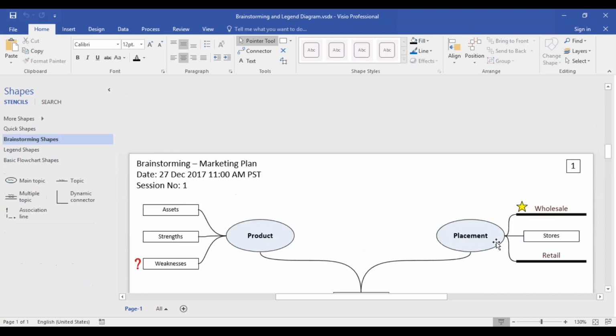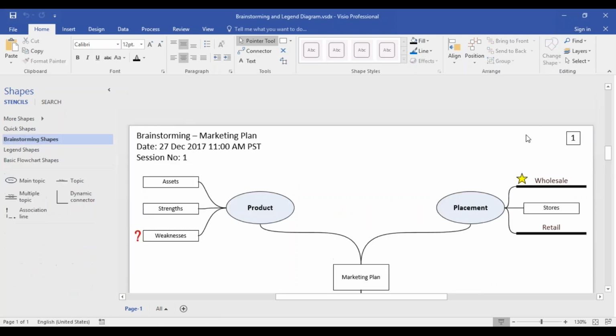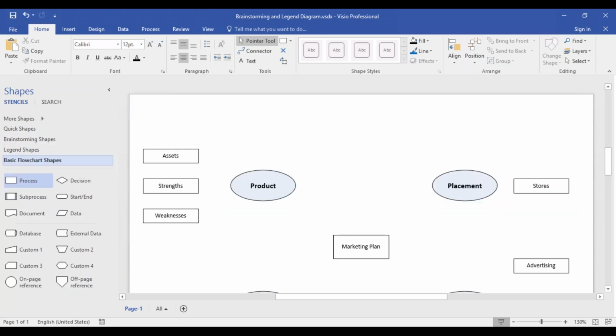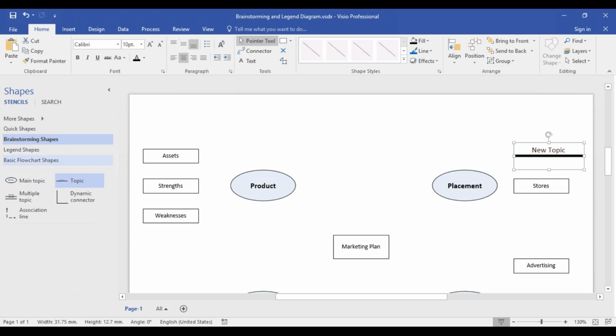The other one is retail. These are actually the topics. So you have to add stores and then add the topics. Where will you find topics? Topic 1 to discuss, topic 2 to discuss. What is topic 1? Wholesale store placement.